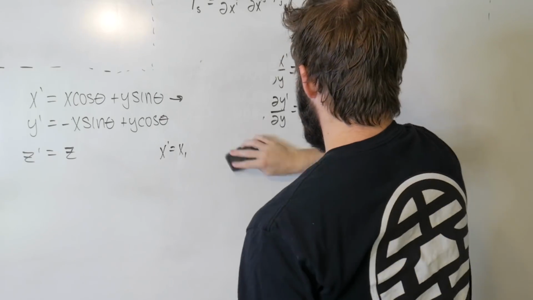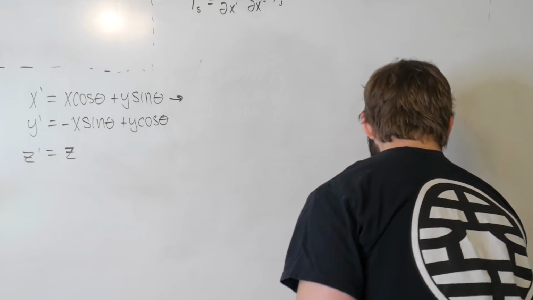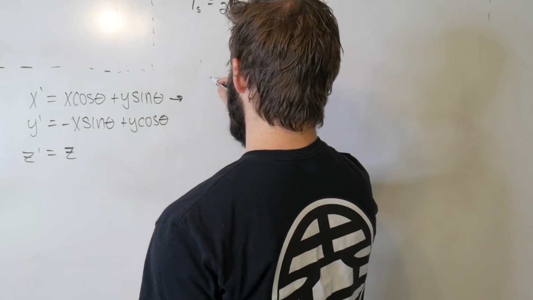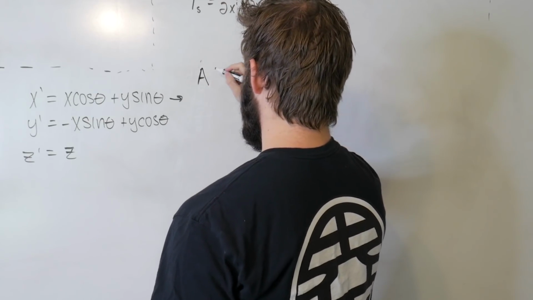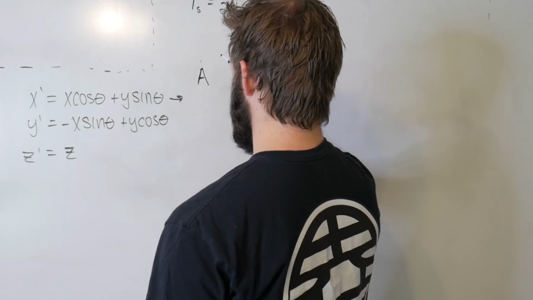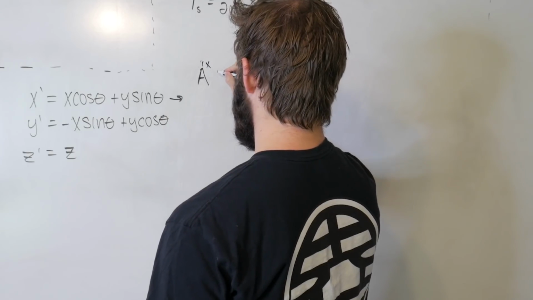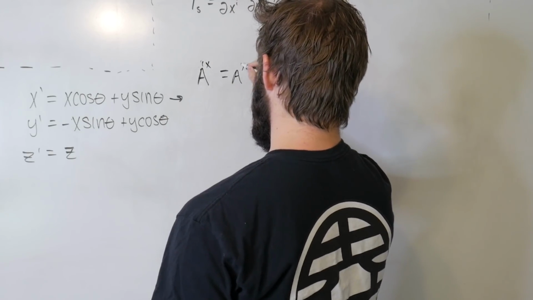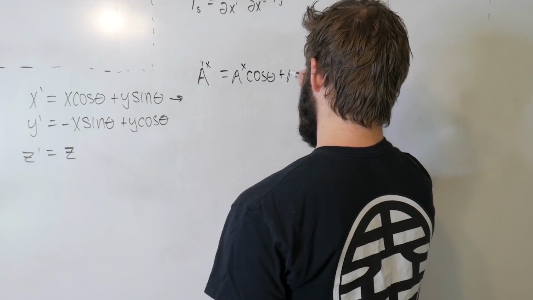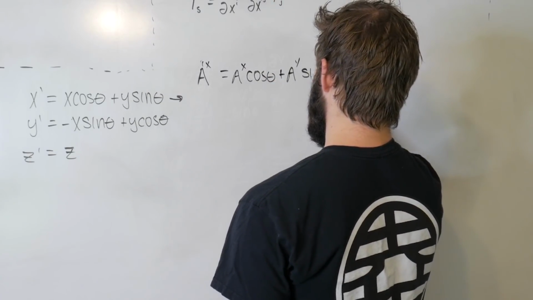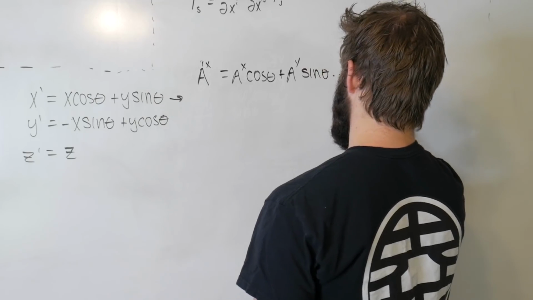So that tells us that we can construct an arbitrary vector A, where A prime x is equal to a_x cosine theta plus a_y sine theta, and so on.